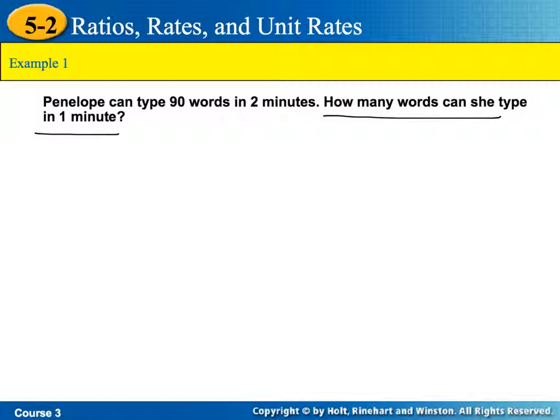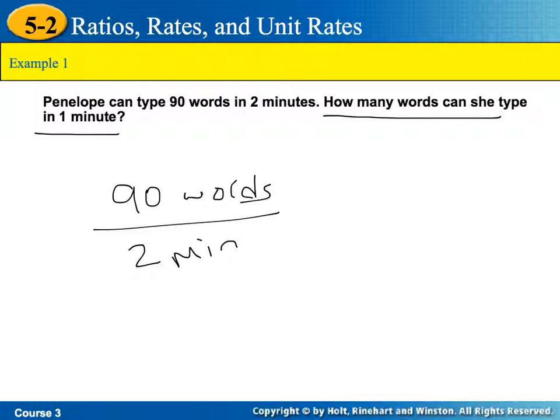All right, so Penelope, 90 words in 2 minutes. If I wrote that as a rate, I'd get 90 words in 2 minutes. Okay, now I need to get it in 1 minute. Notice how this 2 is 2 minutes. I need to get it per minute. How many words can they type per minute? Well, how do I make that 2 into 1? Well, I just divide by 2.